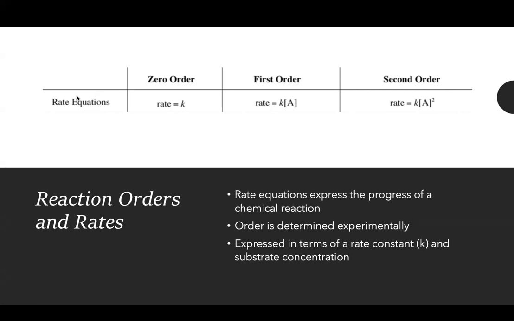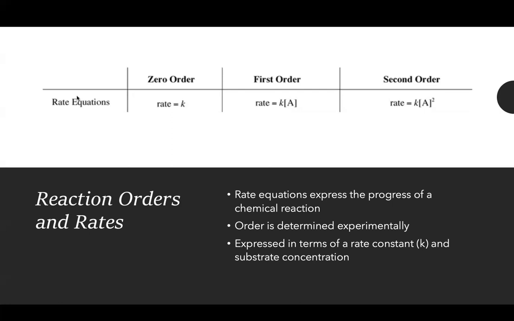We have a zero order reaction in which the rate is only determined by the rate constant. We then have unimolecular reactions, which are also first order reactions, and the rate is determined by the rate constant as well as the concentration of a substrate.